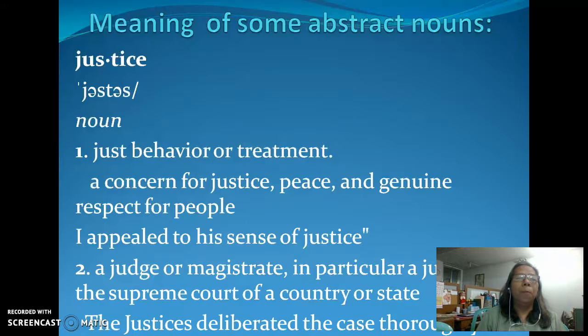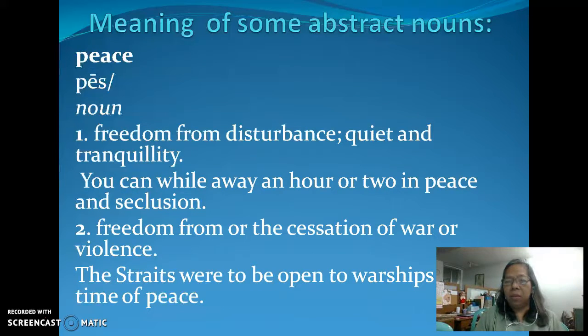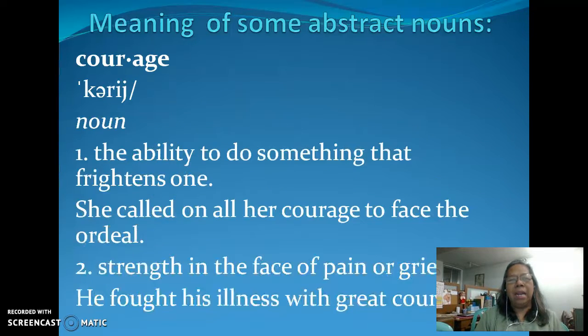Okay? So, I'd like to focus on the three words, justice, courage, and peace. You notice that these are ideals. These are things that cannot be seen, they do not exist physically. Okay? So that's what the meaning of an abstract noun is, as opposed to concrete nouns.